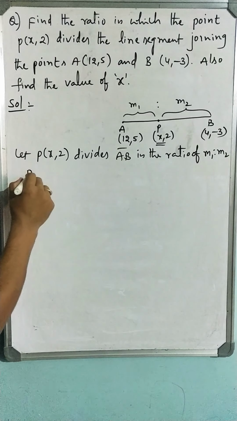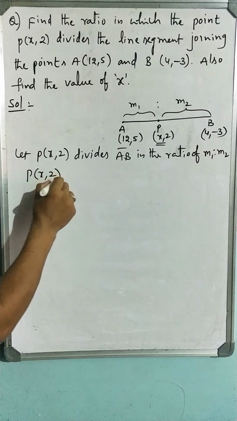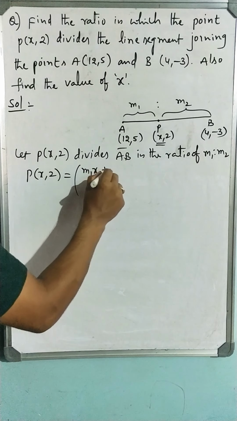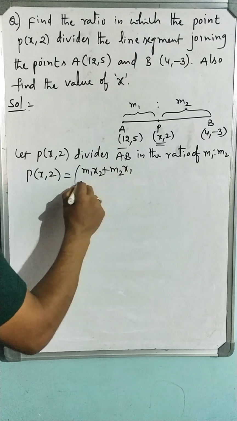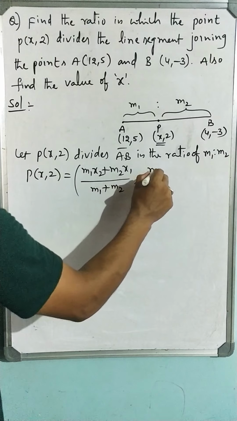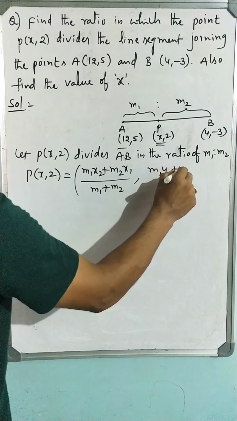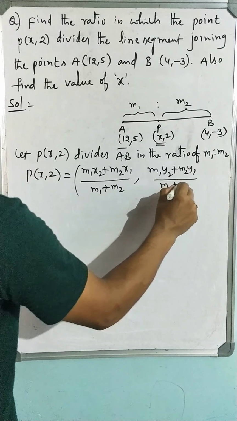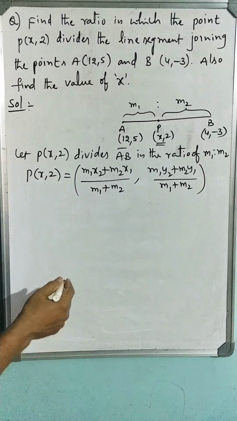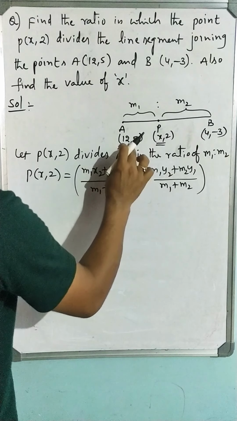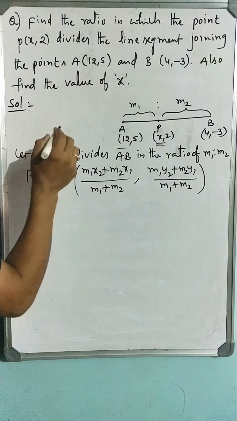Then the coordinates of P are given by the formula (m1x2 + m2x1) by (m1 + m2), (m1y2 + m2y1) by (m1 + m2), where x1, y1, x2, y2 are the coordinates of A and B.